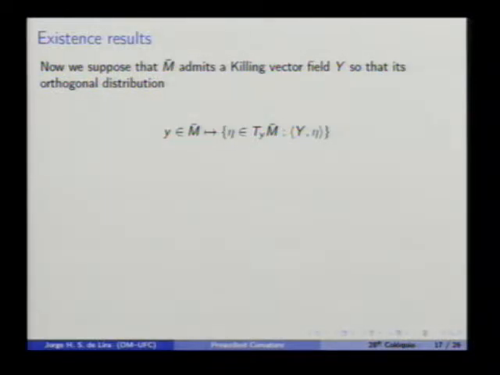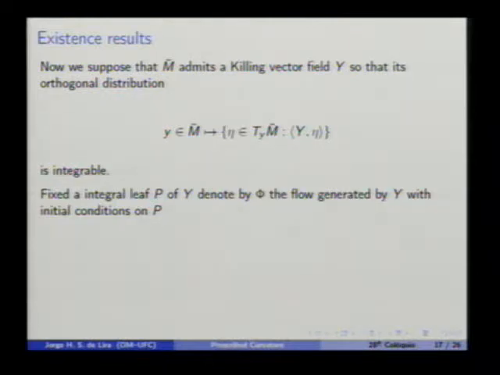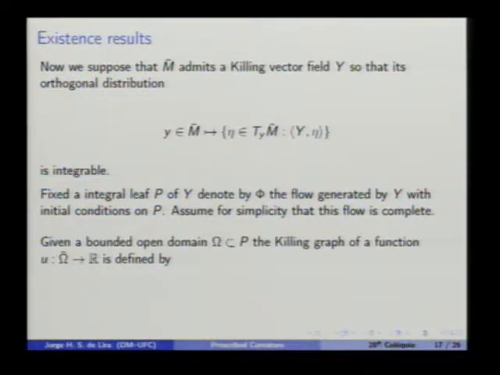You suppose for commodity that the distribution orthogonal to y is integrable. You fix an integral leaf P of this distribution, and you run the flow generated by y starting at this leaf. You assume, for brevity also, that the flow is complete.